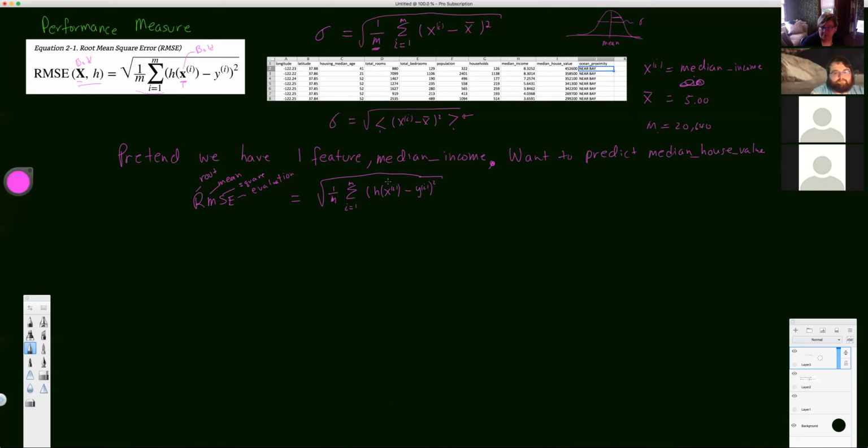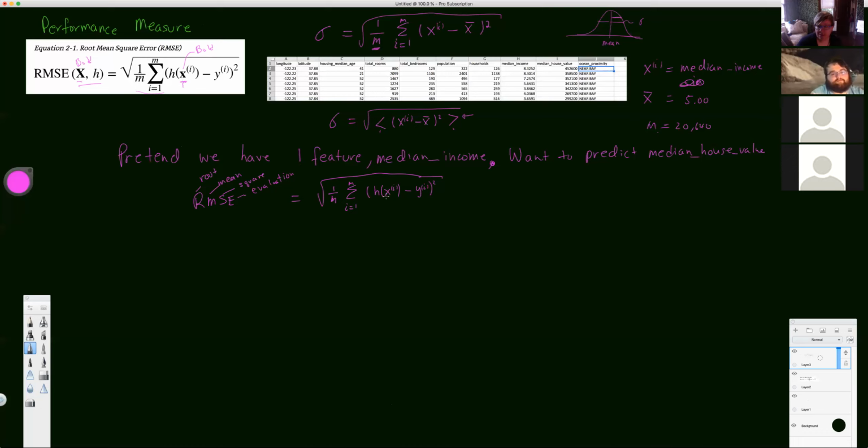So the bold means something. It means that this is more than one thing, right? It's not just median income. It's median income and households and population and total bedrooms, and all those things. That's what the bold means. It means the same thing here. We'll get to that. But over here, I'm not using bold. I can't really do that, like I said, but I just want to point it out to you.